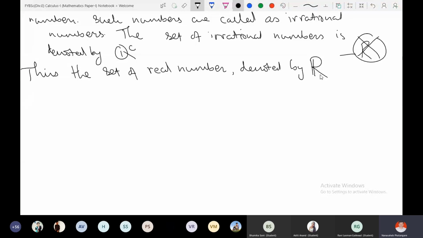This is a special symbol for the set of real numbers. It is not like our usual R. The set of real numbers R is equal to rationals union irrationals. So the set of real numbers is the set of all rational numbers union with irrational numbers.